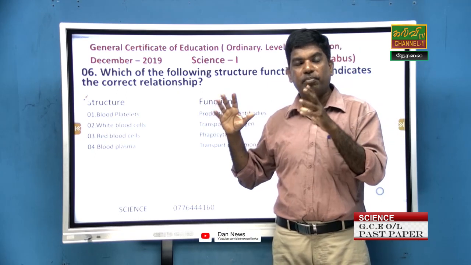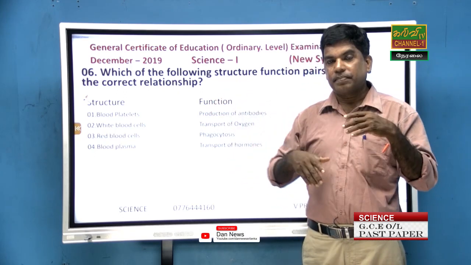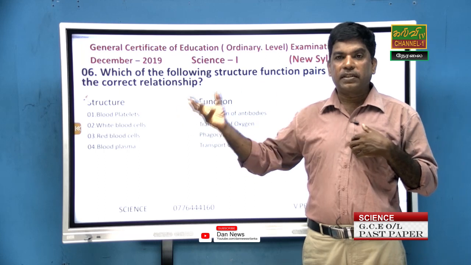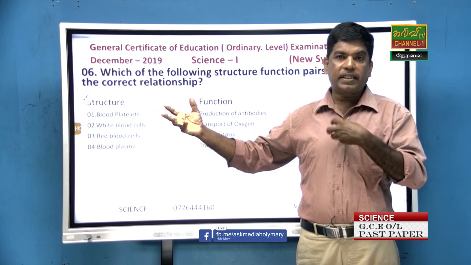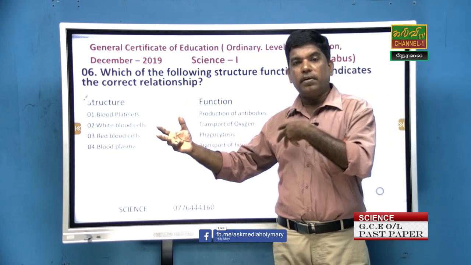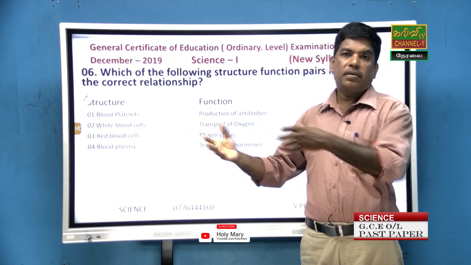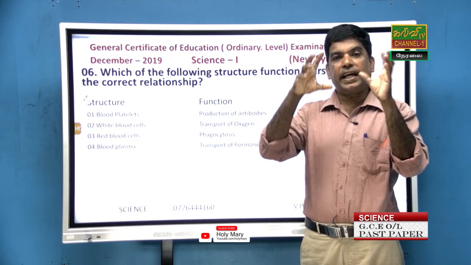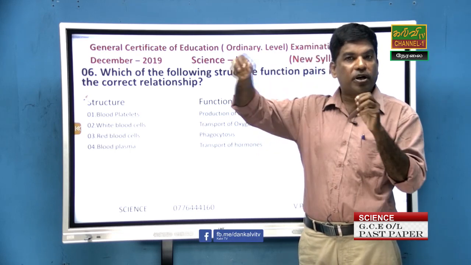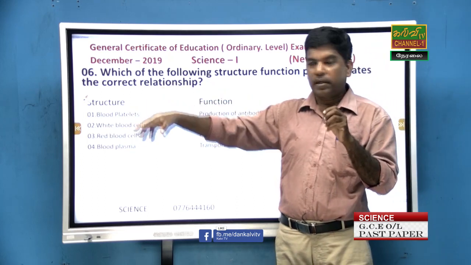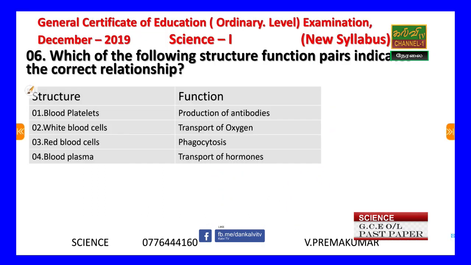Red blood cells transport oxygen from the lungs to the cells. We already studied that red blood cells contain hemoglobin, the pigment responsible for transporting oxygen. So for red blood cells, phagocytosis is wrong, because phagocytosis is done by white blood cells.